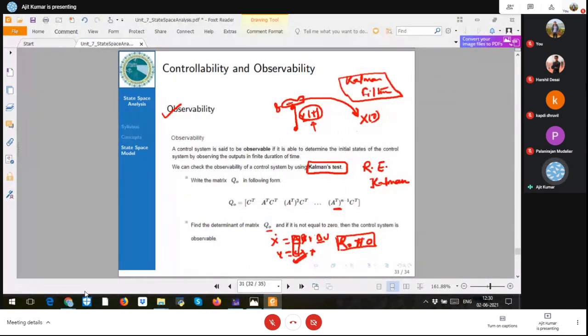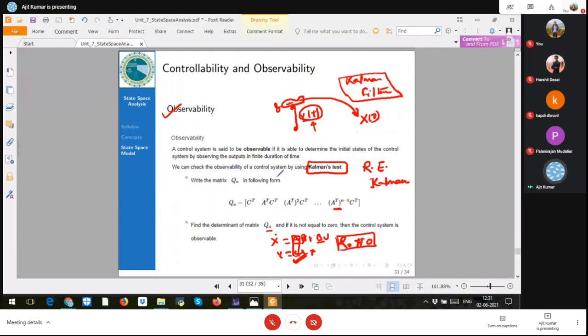In observability, what we saw is that at any time instant, by knowing the output, if you are still able to determine the initial state of the control system, then we can say observability. In controllability, we were interested in taking from initial state to any desired state. And in observability, from any state, if you are able to determine the initial state, then this is an observable system.